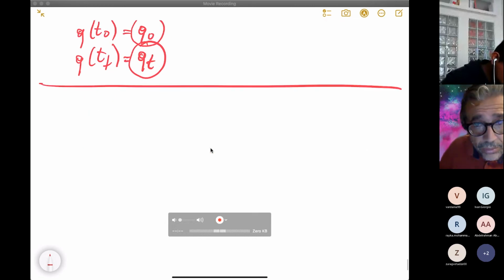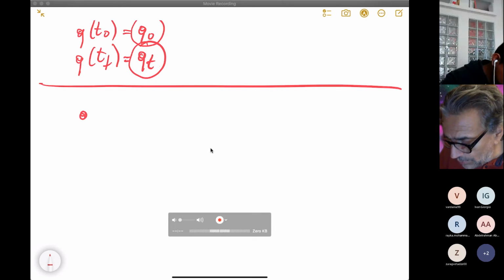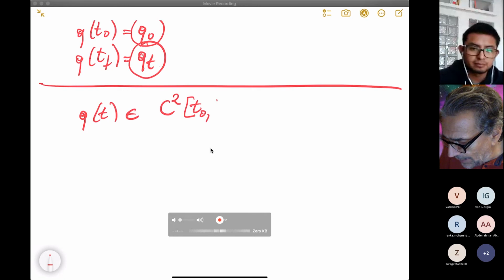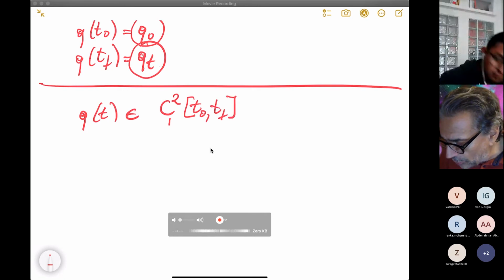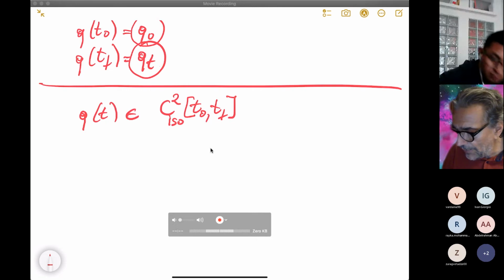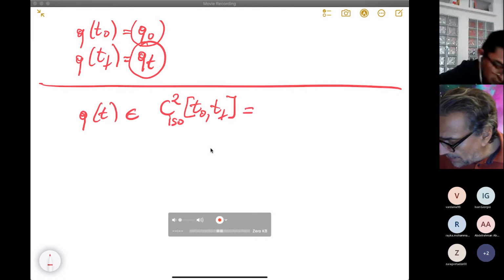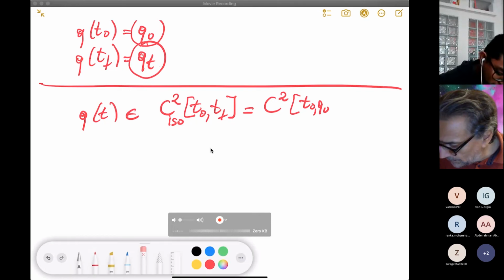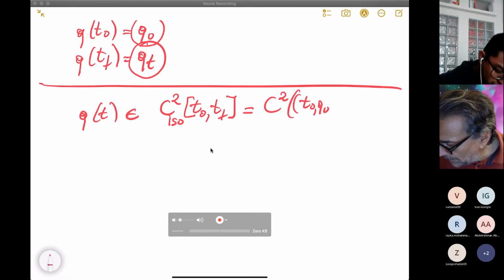Now we can start writing formulas. We have q of t, which belongs to C2 in the time interval t0, tf, isochronous. We could also write C2 of t0, q0, t final, q final.